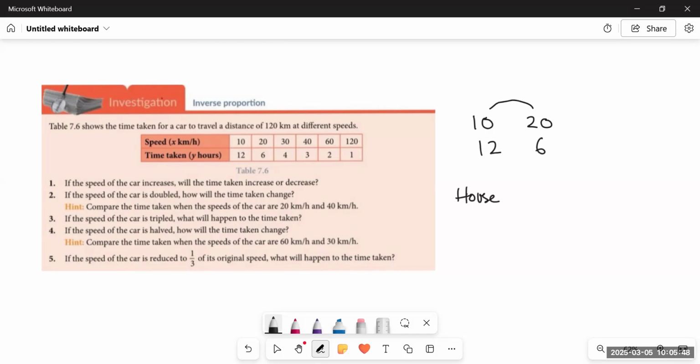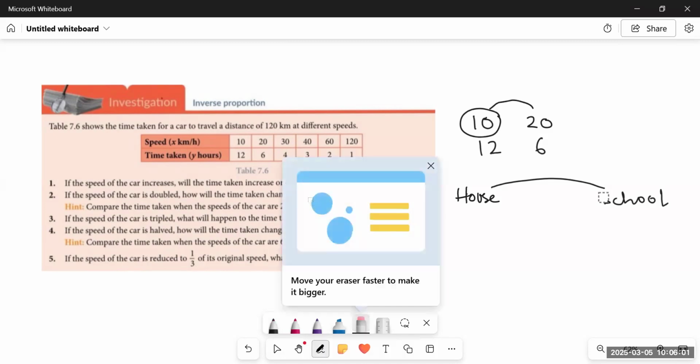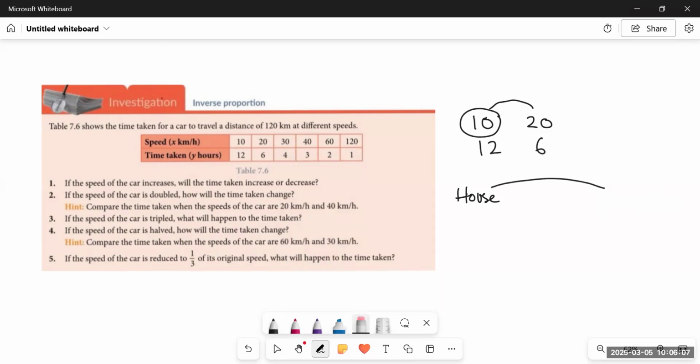Let's suppose there are two destinations, that is from my house to my school. So if I'm going at the speed of 10 kilometers per hour, it will take 12 hours, or let's say some other destination from my house to Hyderabad, right?